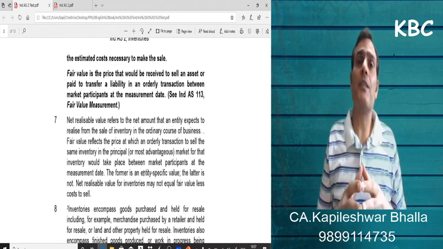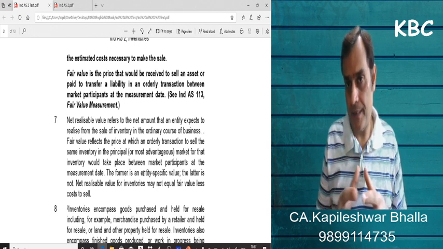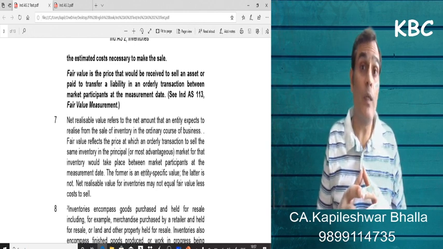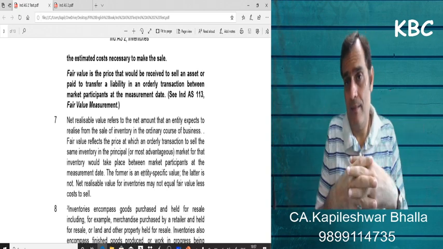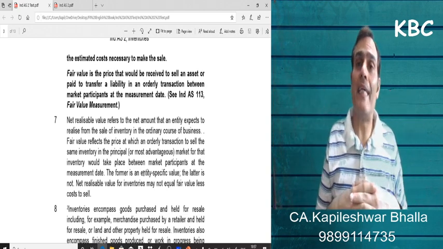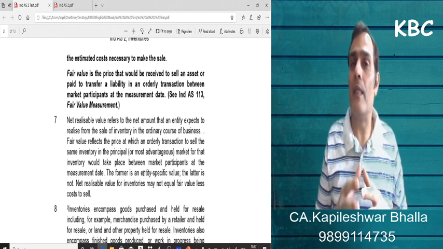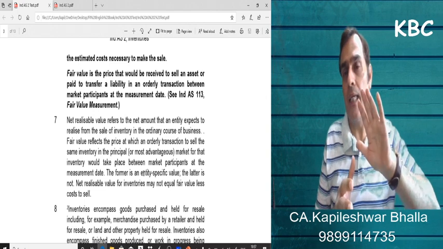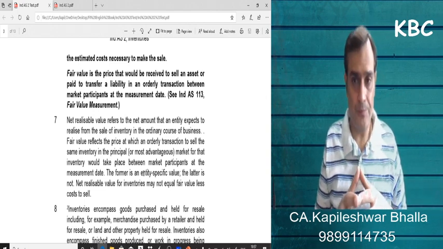The main function is that fair value is supposed to be called an exit price. Now you can understand why we say it's an exit price, because if you're going to sell the asset, you're looking at an exit of the asset. So the fair value is based on what we call an exit price, that if I have to sell an asset, what would I receive?